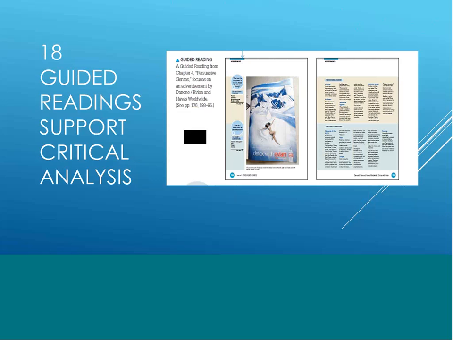Another feature of the book are 18 guided readings throughout the book, and we're showing one that's a guided reading of an advertisement for bottled water. This one illustrates what we do in all of the guided readings.